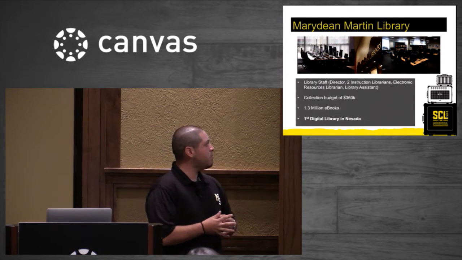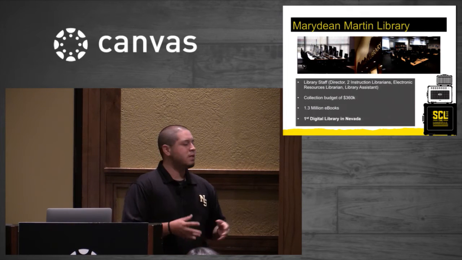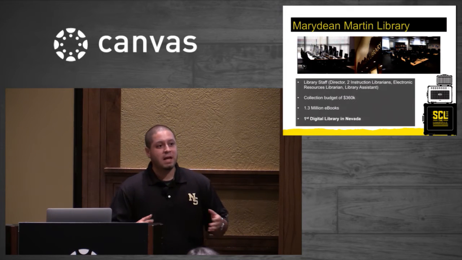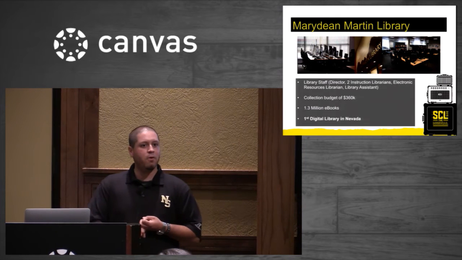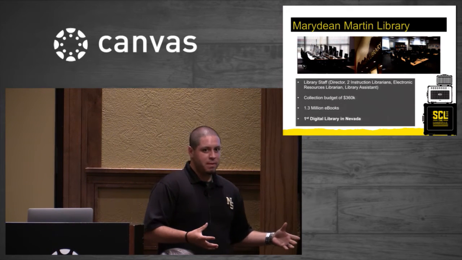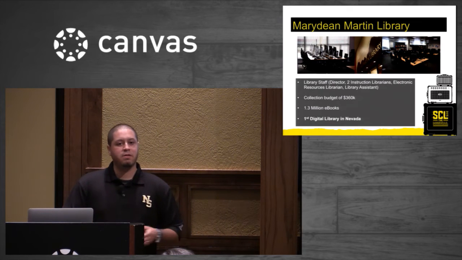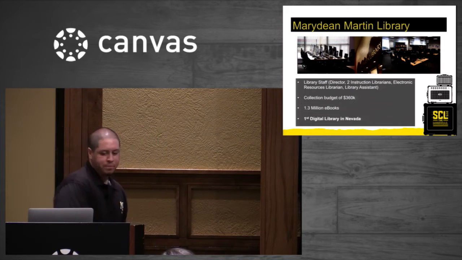In the new space, we'll probably have maybe 1,000 monographs, 1,000 physical collections there. The majority of what we're circulating is technology. So we have a Chromebook lending program, an iPad lending program. We're going to have a lot of collaborative space in there. We're going to have study rooms where students can hook up their devices onto a screen in the study rooms, and they can study that way.